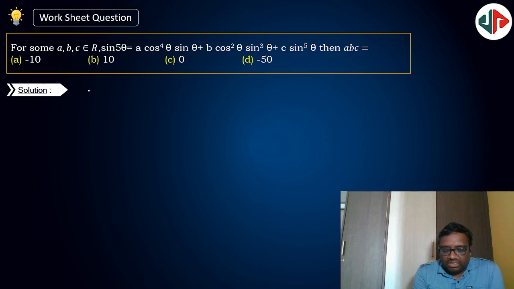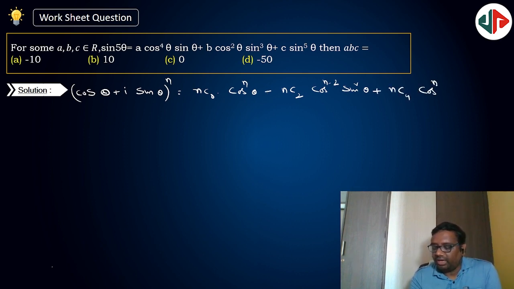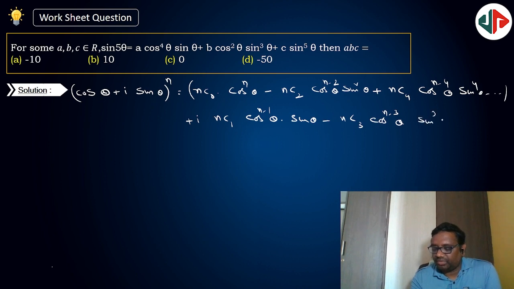Generally, by using Euler's formula, cos theta plus i times sin theta whole power n, can we rewrite this value as nC0 into cos power n theta, plus nC2 into cos power n minus 2 theta into sin square theta, minus plus nC4 into cos power n minus 4 theta into sin power 4 theta, and so on, plus i into nC1 into cos power n minus 1 theta into sin theta, minus nC3 into cos power n minus 3 theta into sin cube theta, plus and so on.